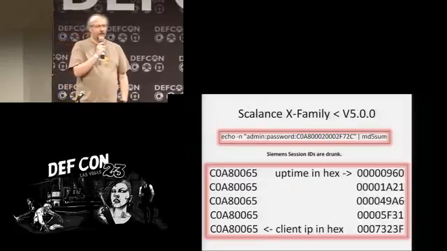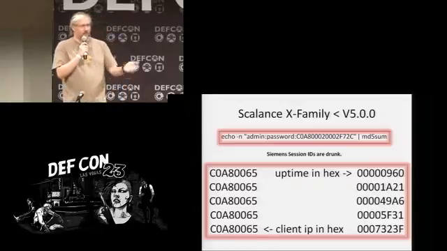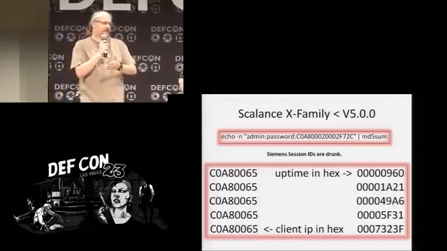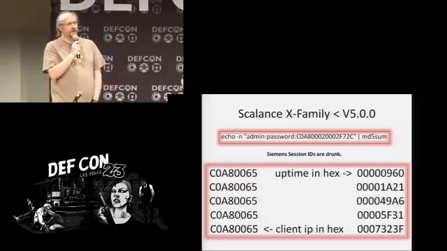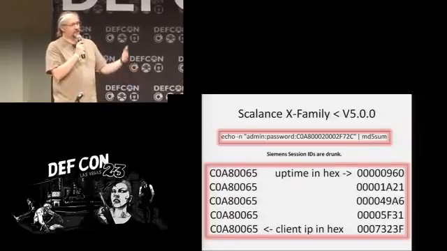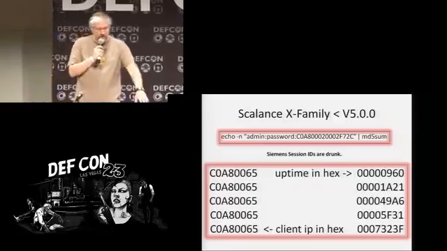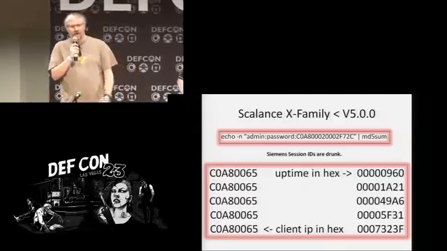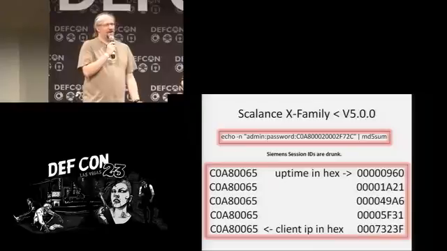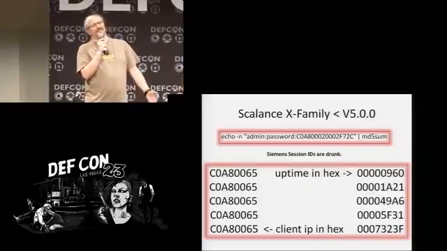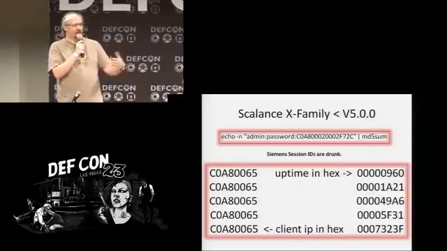And when I compared that with an SNMP request for the uptime of the device, I discovered that it was indeed uptime in hex. And then I got confused because I checked the IP address at the front of the session ID, and it wasn't the IP address of the switch, right? So I kind of thought about it for a little while and then went, no, surely they didn't. And of course, it was my machine that was connecting to the device.